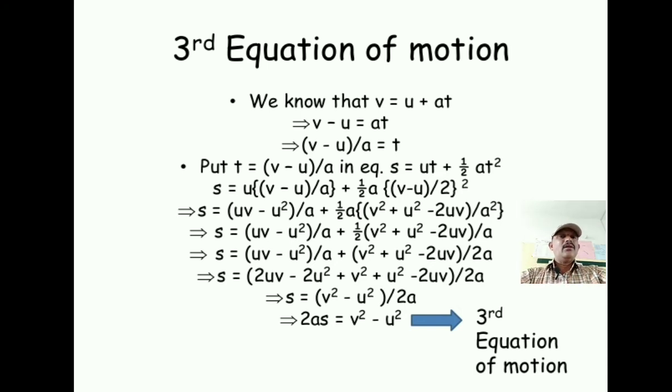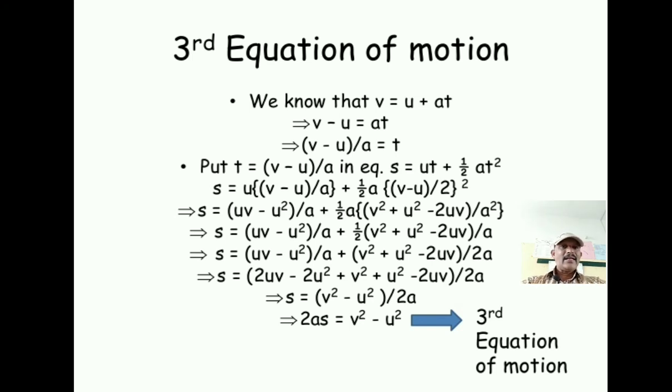Now put the value t = (v − u)/a in the equation s = ut + ½at². So s = u × ((v − u)/a) + ½a × ((v − u)/a)².